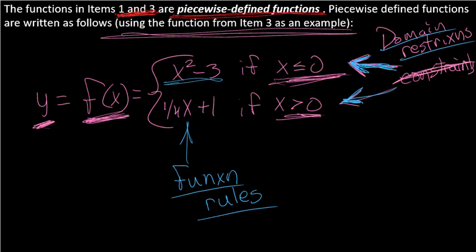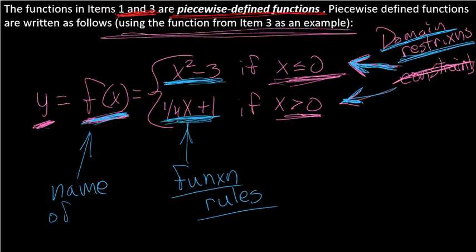So that's this one and this one. These are your function rules, and your function rules depend on your domain restrictions. It depends on where you're at on the x-axis, and that tells you what rule to use. And this over here is literally the name of your function.